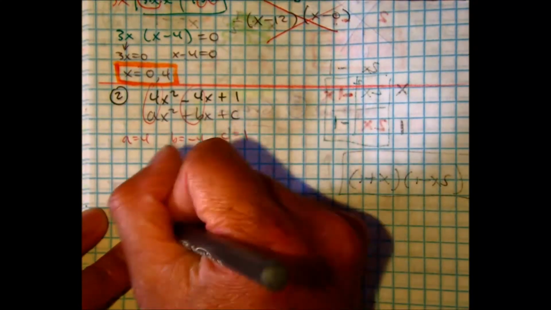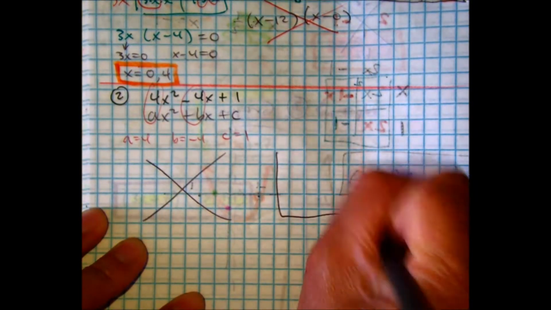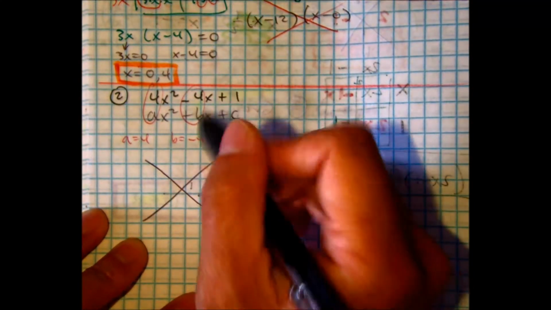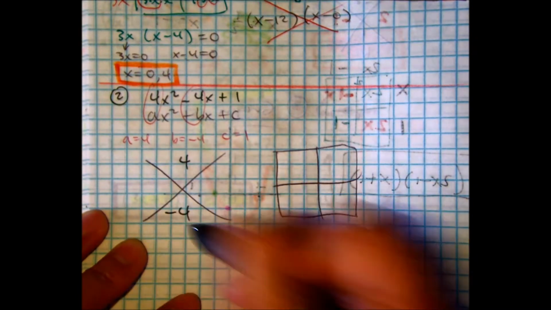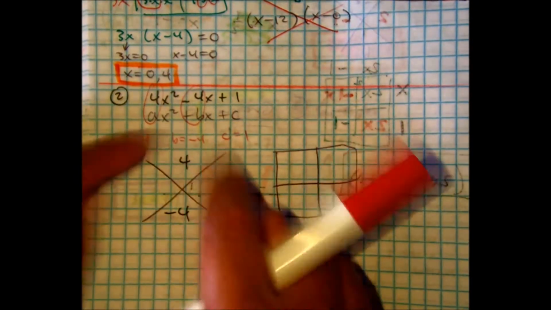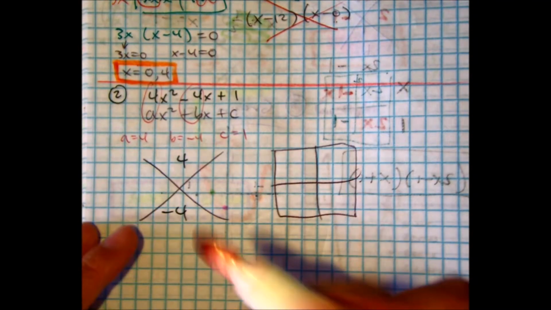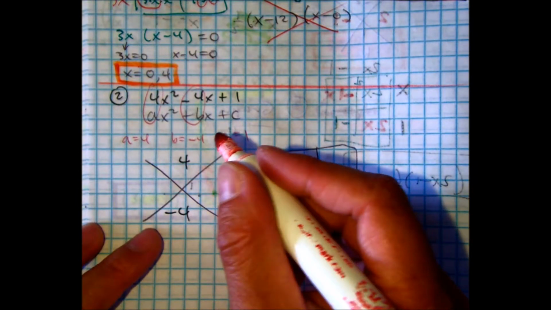Let's do my X in my box. Class, A times C? B value? Two numbers that multiply to be positive 4, but add to be negative 4. Echo?